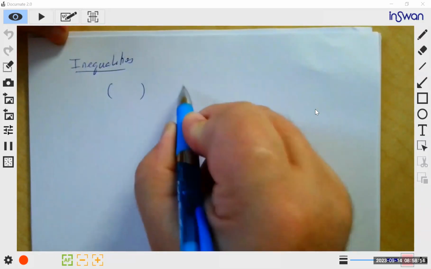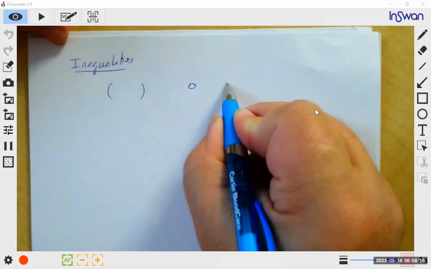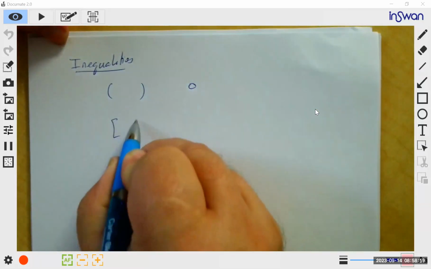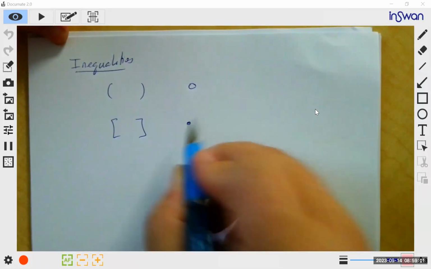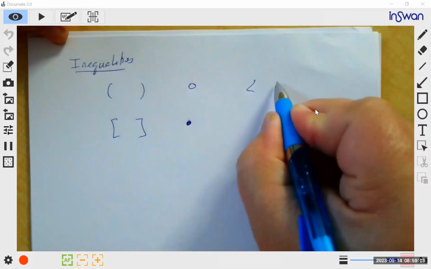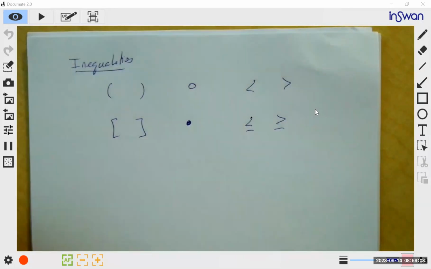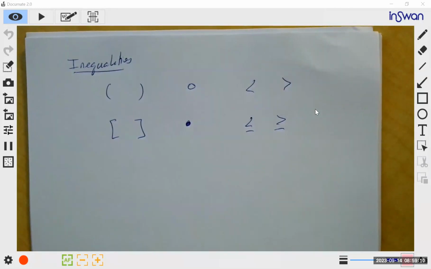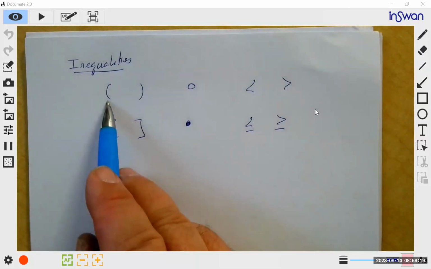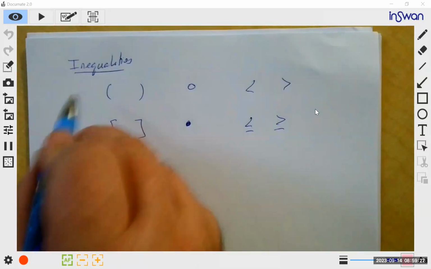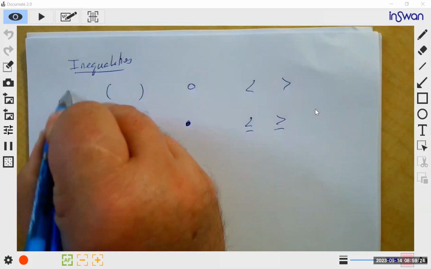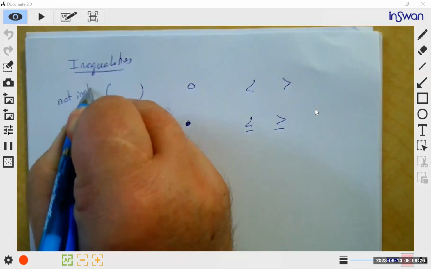We have certain notations. Parentheses represent something that's not included.